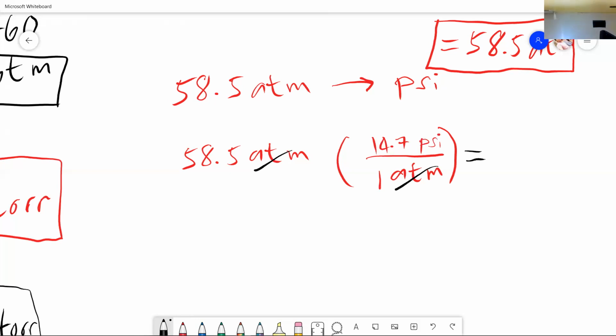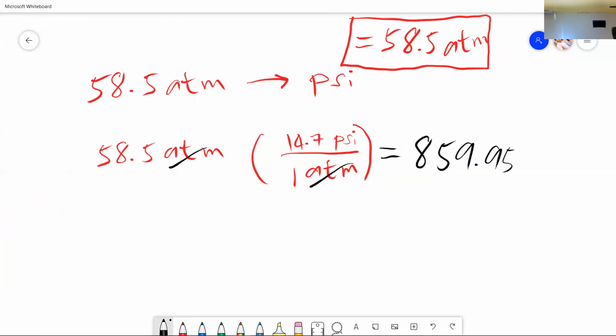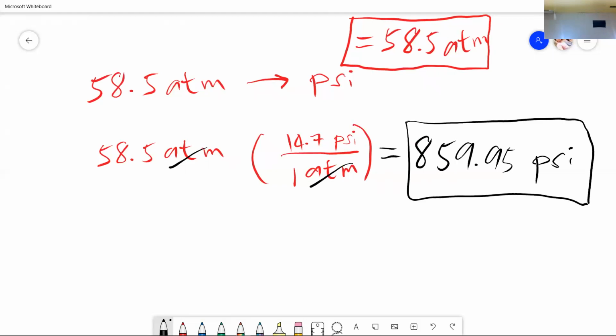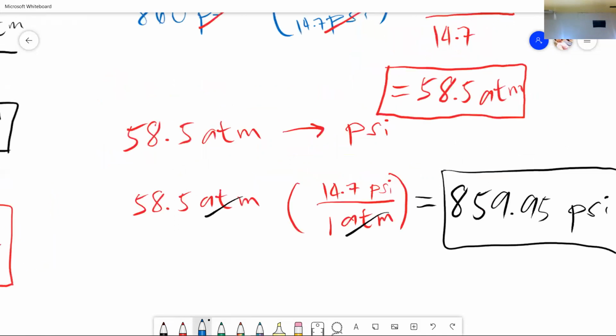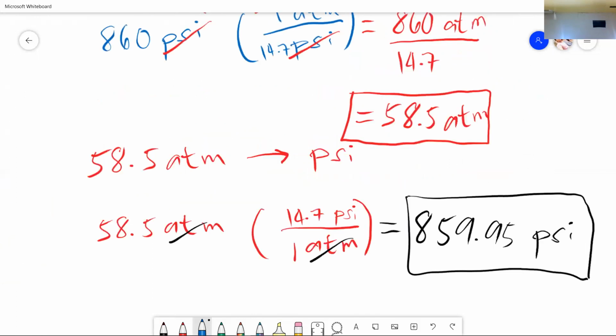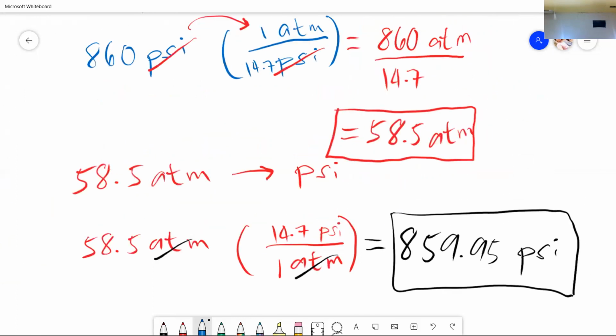So 58.5 times 14.7 equals 859.95 psi. If you round it off, this becomes 860 psi. So our conversion is correct.